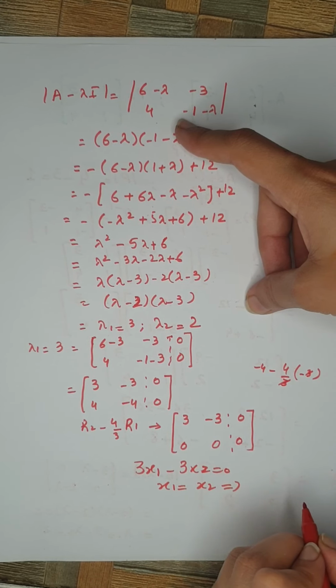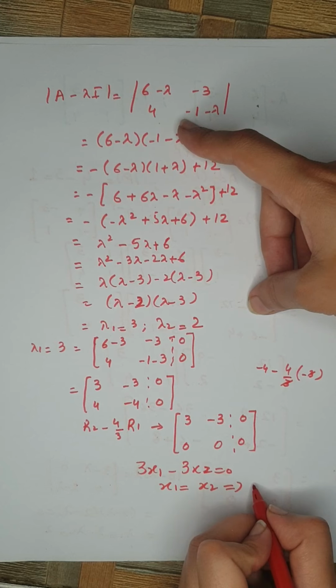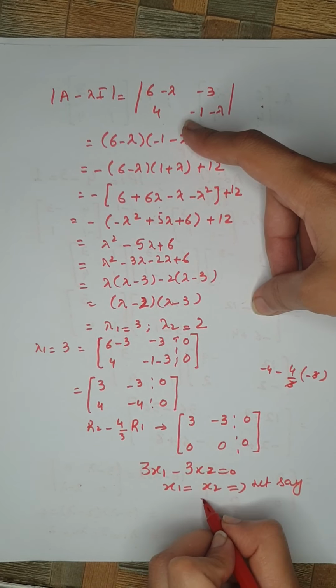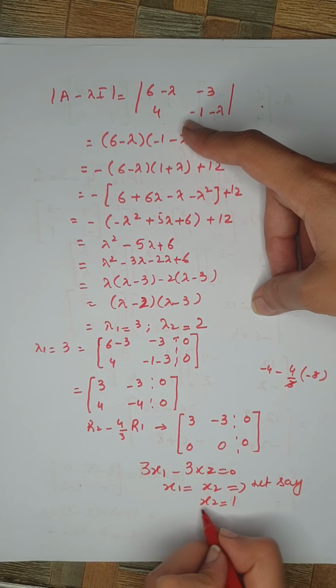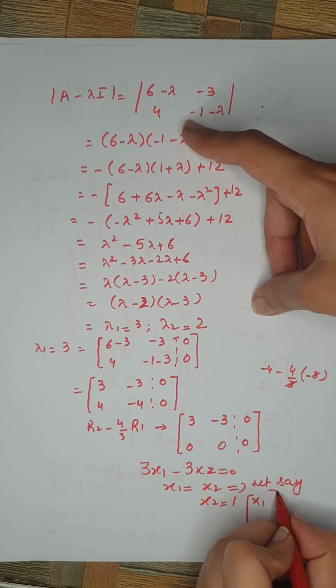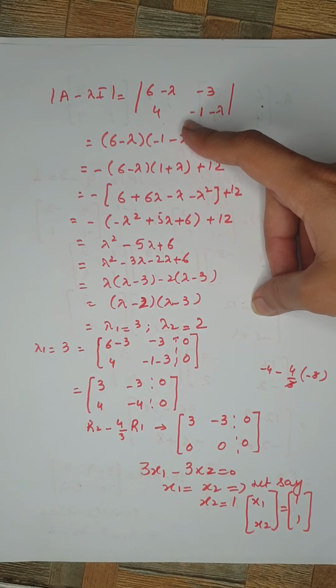Now I can choose any value of x2. Let's say I choose x2 is equal to 1, then x1 is also equal to 1. So the first eigenvector has the components 1 and 1.